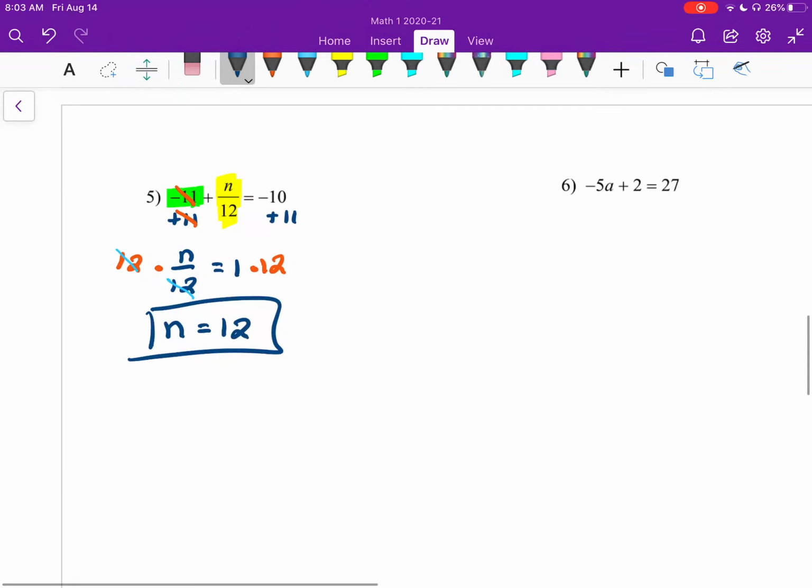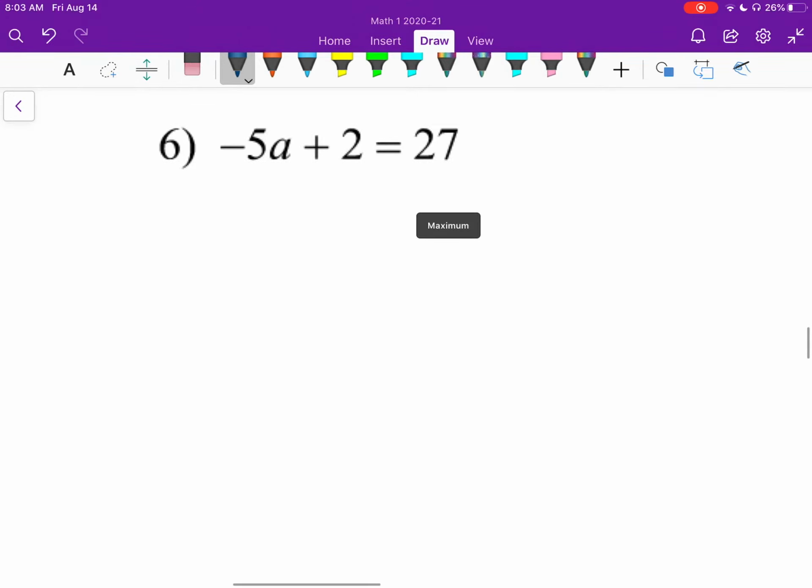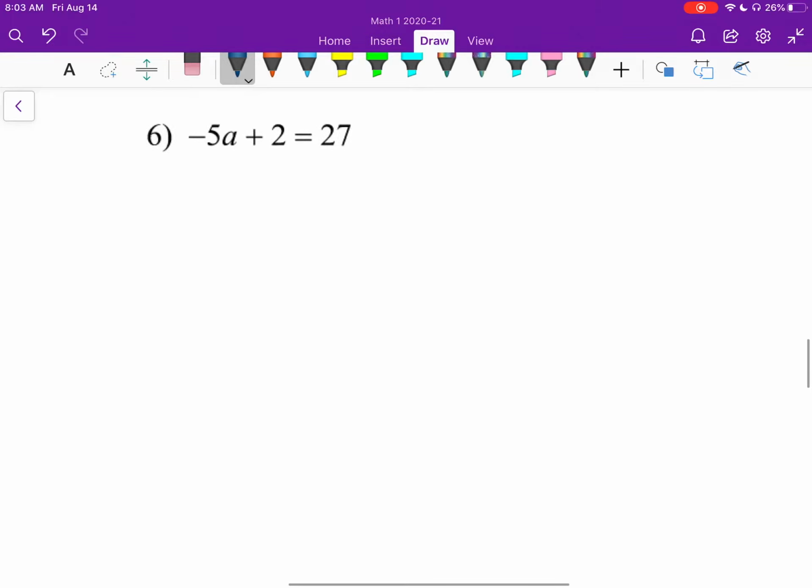All right, number 6. To start off, I can't deal with that negative 5 yet. I've got to deal with that positive 2. So to get rid of this 2, I'm going to subtract 2 from both sides. The 2's on the left cancel. I'm left with negative 5a equals 27 minus 2 is 25.